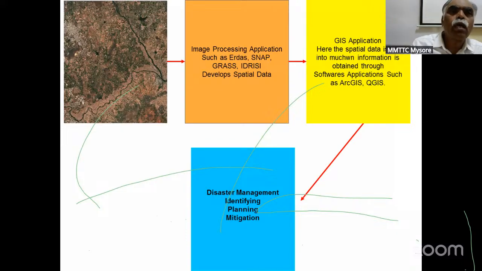So the main goal of a researcher or the planner is to generate data from the remote sensing images. Without generating the data from these satellite images, we cannot get good results for any objective or any goal that we have set.